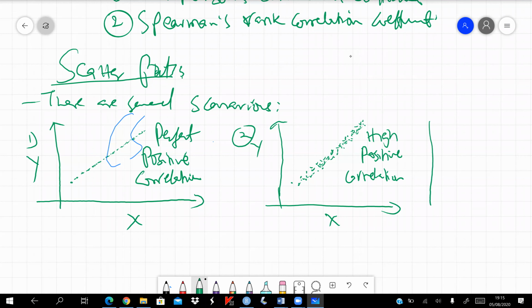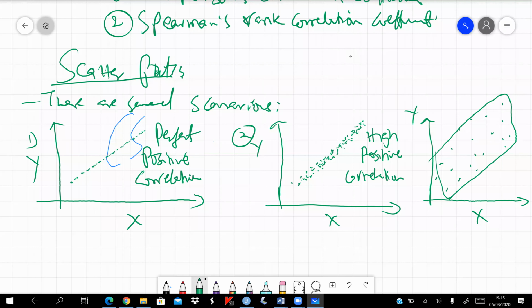A third possible scenario. Of X and Y, you can have the points a little bit dispersed. There is evidence of positive trend, but the points are a little bit dispersed. So they form something like a wider band. It's a wider band of points, huh?